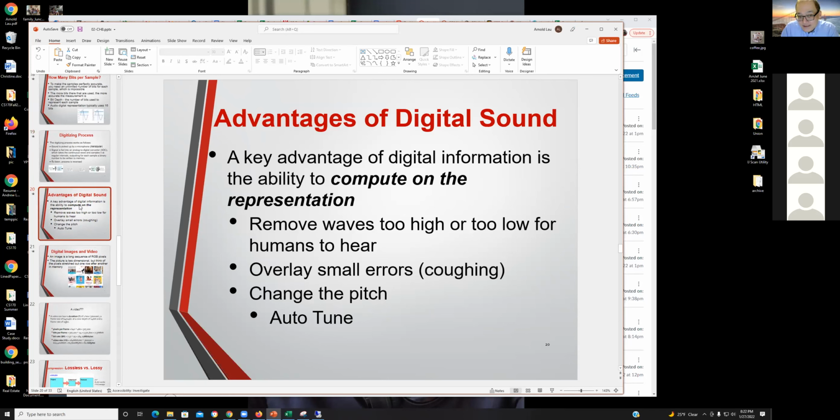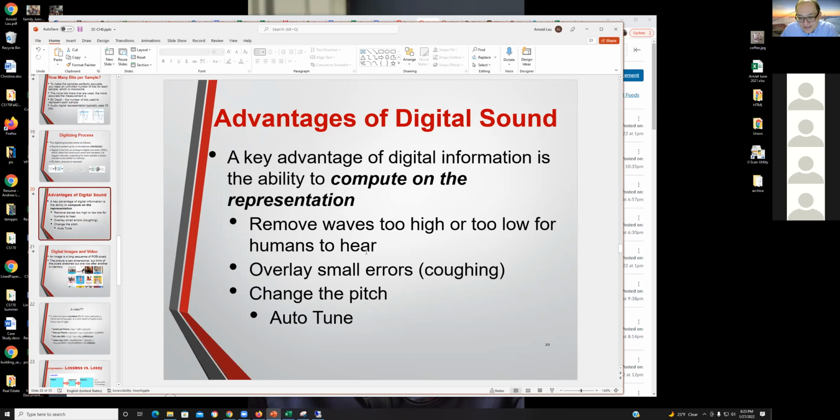Similar to what you did for the pictures, once you have sound represented digitally, you'll be able to do special effects, different things to clean up the sound and make things sound better. In recent times, very popular with music, you have auto tune. Filtering out different imperfections, miscellaneous sound, you want to filter those things out.